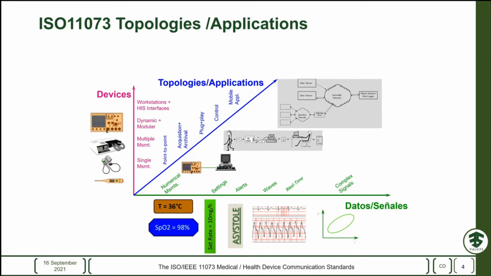But I think this area is covering a very broad number of devices and parameters that actually have been considered to an incredible level of detail for every particular monitor.